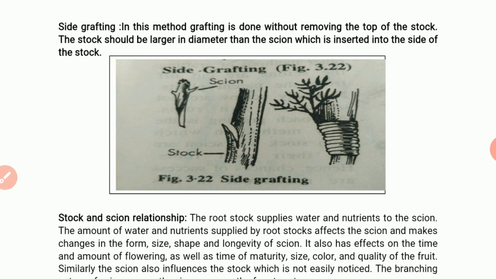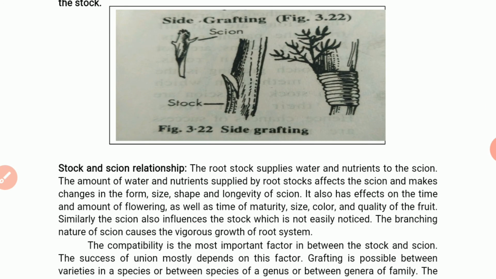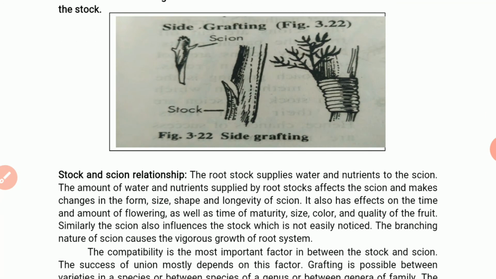A small cut is made on the stalk and this small part of the scion is inserted into that stalk and then tied with polythene and some moss, and after a few weeks it develops into a shoot system and a new plant.